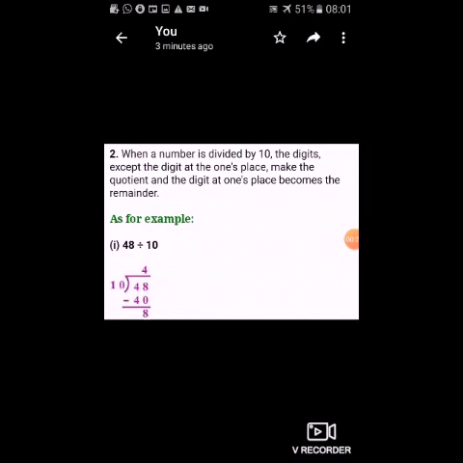So here 48 divided by 10: 8 is in the ones place, so 8 will be the remainder, and the remaining digit, 4, will be the quotient.